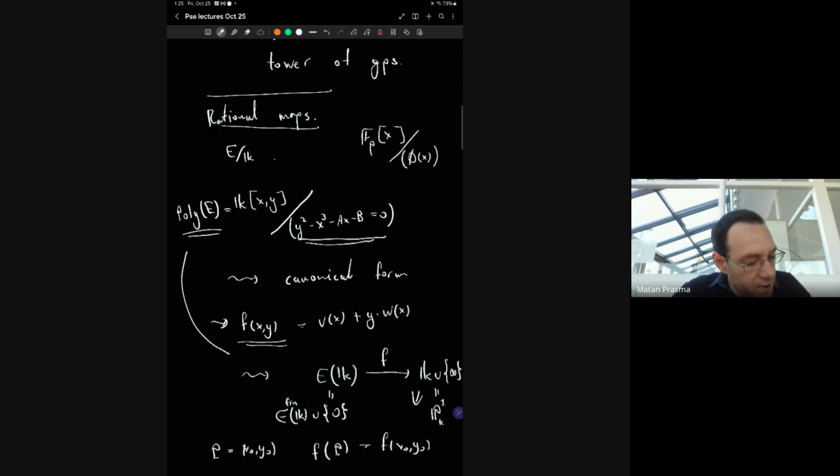Now, not every function from E of K to the projective line is a polynomial over E. Obviously, you can do many non-polynomial functions, but this algebraic creature that we care about always induces a function like so.